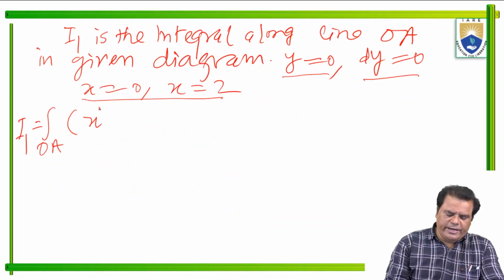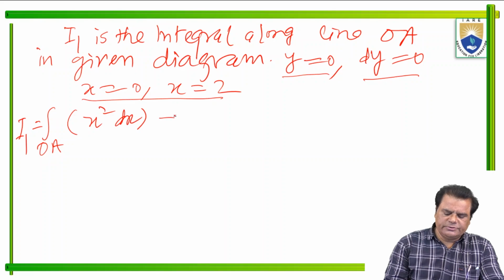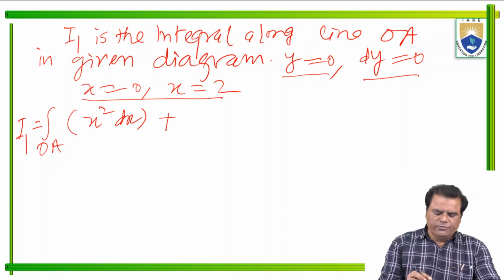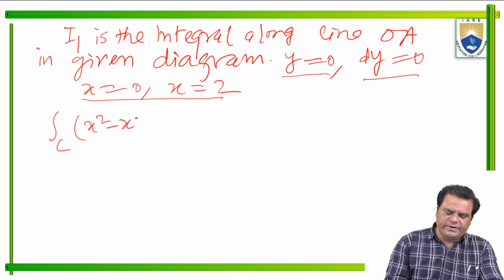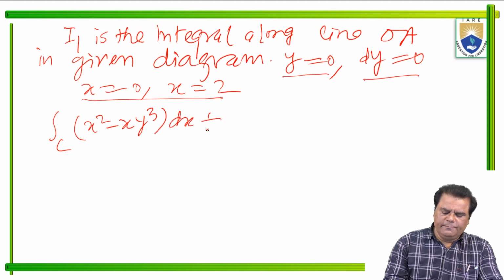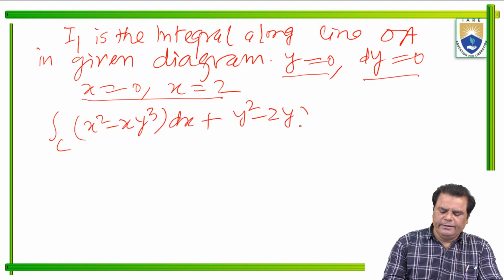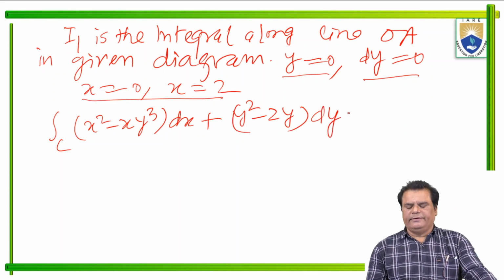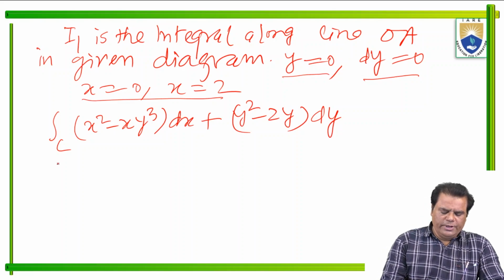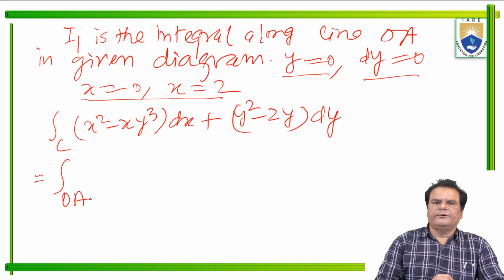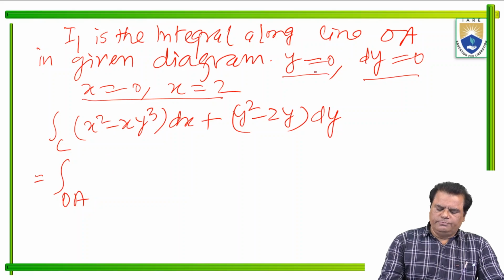First of all I am writing the integral here: integral C of x square minus xy cube dx plus y square minus 2y dy. This is the line integral which is given in our question. Now along OA, O to A, y is 0.